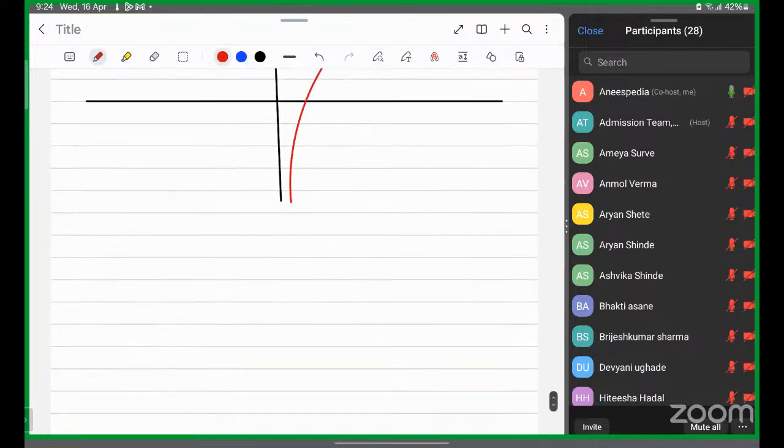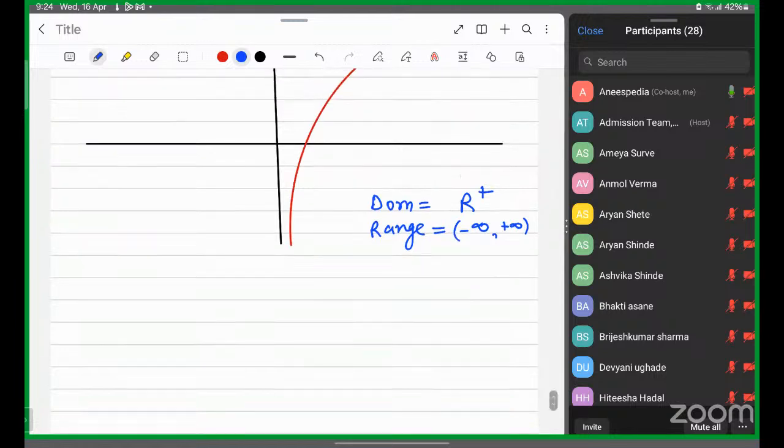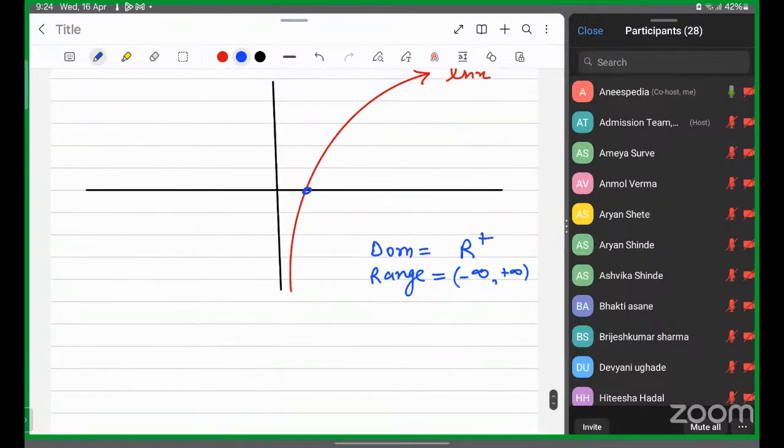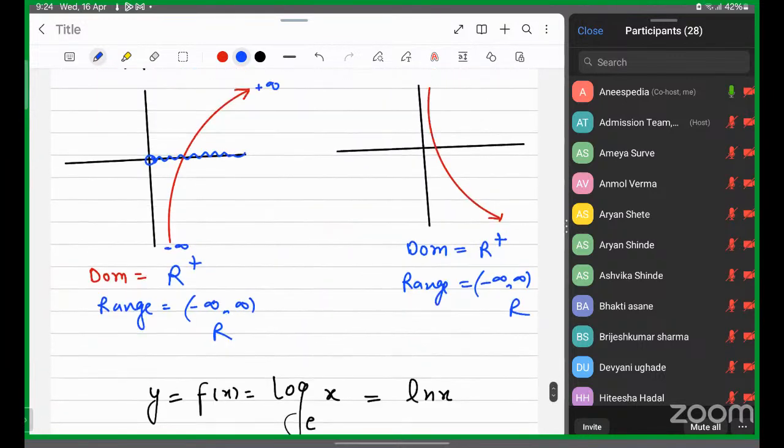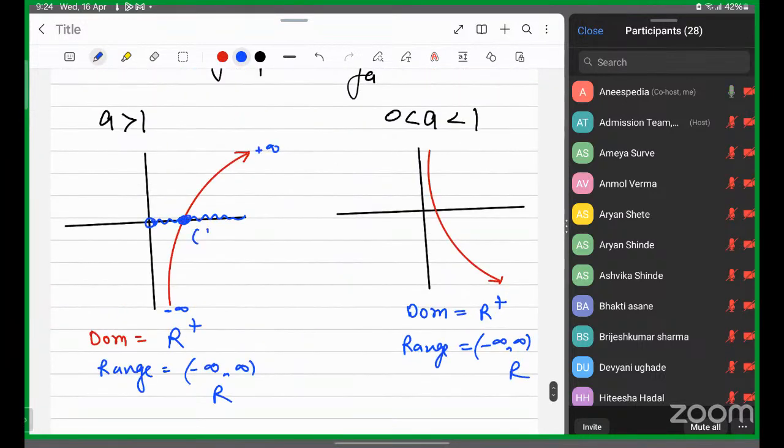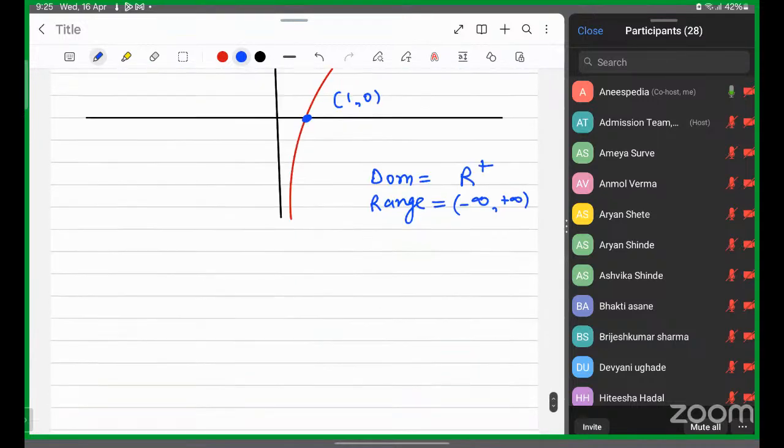In this case, again, the domain is only positive real values, but there is no restriction on the range. It will be the open interval from minus infinity to plus infinity. This point will be (1, 0) in all the graphs. (1, 0). Again, (1, 0). Understood?